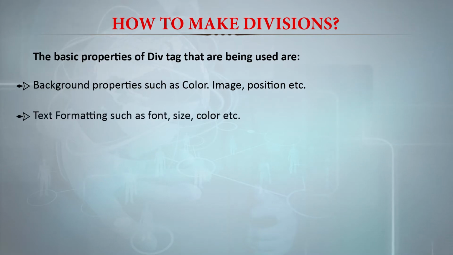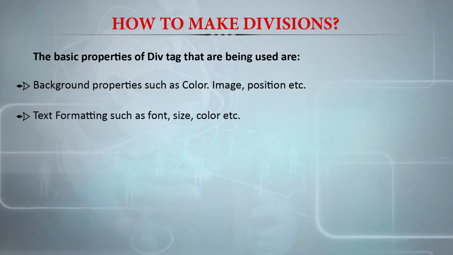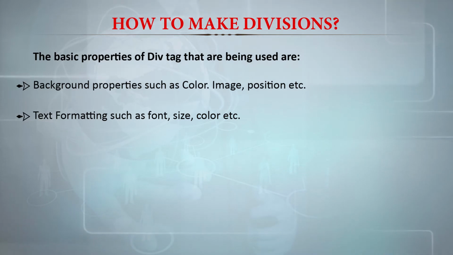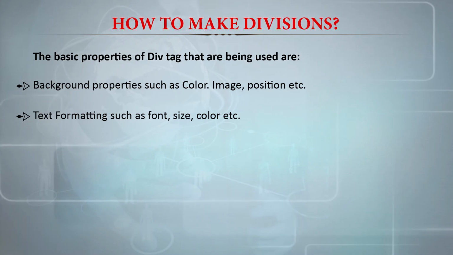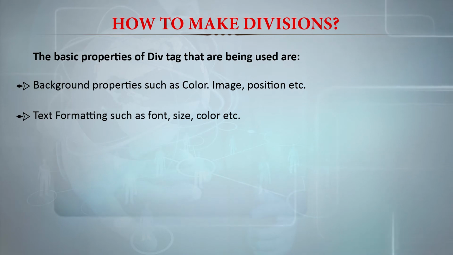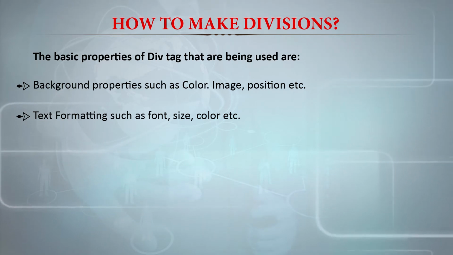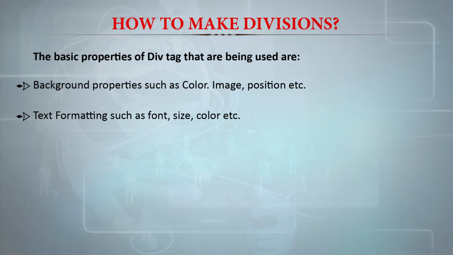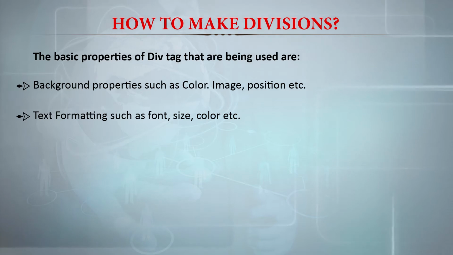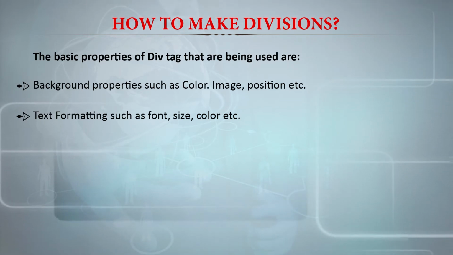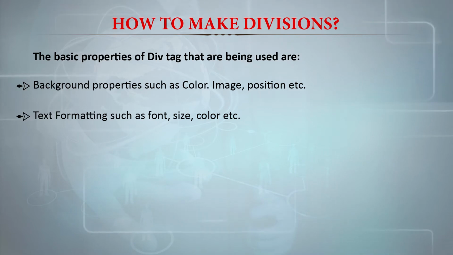So then the text formatting is very important. The font they used, the size they used, the color they used, all these things are very, very important. They attract the user towards the website. Often what we see is that the website is not friendly from a color combination perspective, font perspective, and so we will not be able to go to that particular website in a comfortable manner, though it is having rich information.